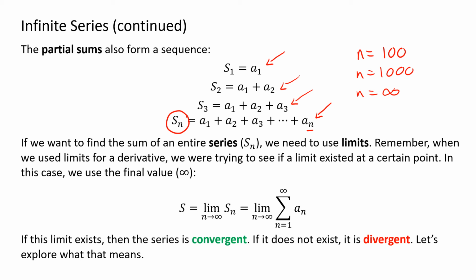So if you want to find the sum of these series, we can't just put n as infinity. Remember, a lot of times where we saw infinity, we used limits. So limits are going to be important here as well. Remember, you often tried to see if a limit existed, because if you just substituted in infinity, you couldn't solve for that value.